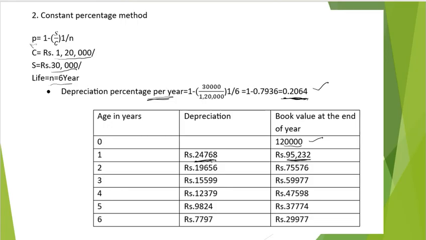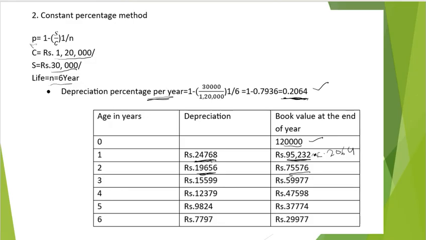Now in the next year, depreciation will be applied on this, not on 1,20,000. 95,232 multiplied by 0.2064 gives you 19,656.